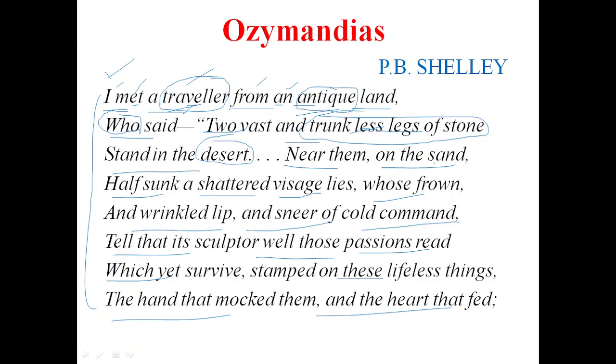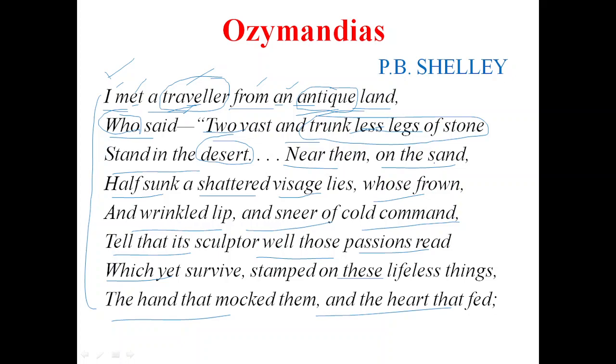And what else he saw is he saw a face, the face of the broken statue, which was lying half buried in the sand. वो आधा कहाँ था धसा हुआ? It was lying buried in the sand. Okay, this is clear now.